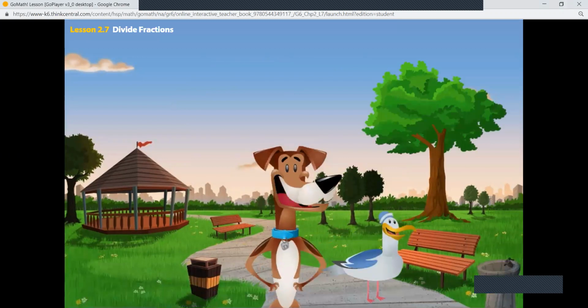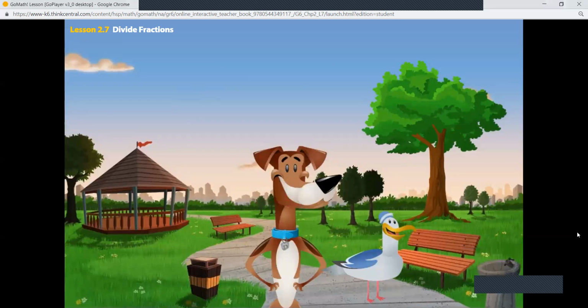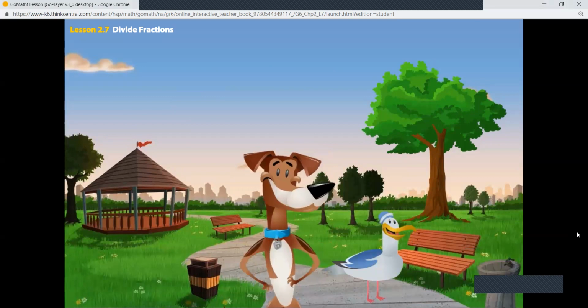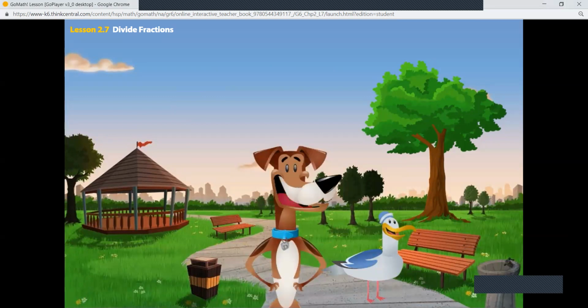Hey, Sal and I are enjoying our walk at the park this morning. Wow, do you see that tree over there? It sure is big. Park officials are going to build a tree house in its branches. They will need a pretty big ladder in order to climb up into the tree.